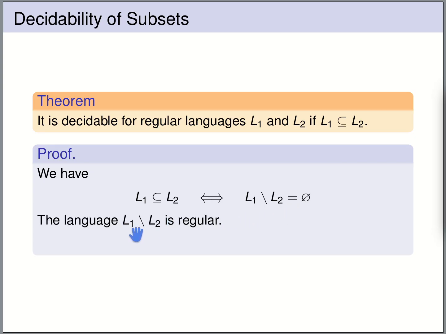So we construct a deterministic automaton for the difference. That's the product construction that we've seen in one of the first lectures. And using this, we decide the emptiness problem of the difference. And by deciding the emptiness problem, we decide the inclusion problem.